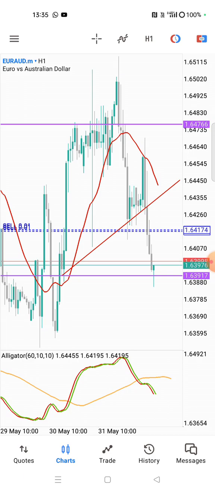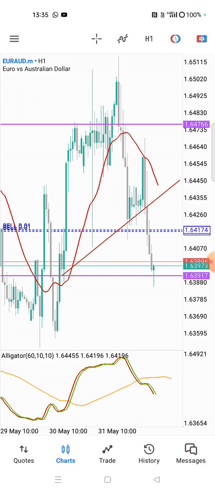So for me, I will use H1 and then M30 to execute my order. Okay guys, so that is basically this strategy. Simple and direct, but some of you may say troublesome, because you have to wait until the candlestick goes in your direction.